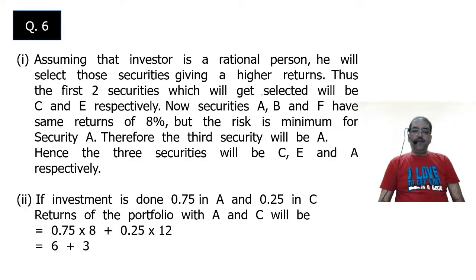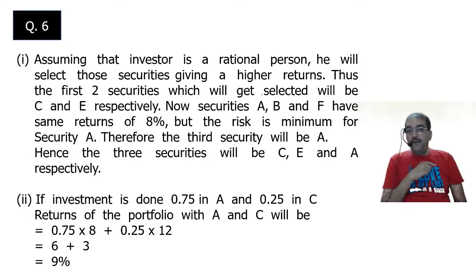So that gives me 6 plus 3, 9%. Look at the returns of E in the problem. Returns of E, 9%. Hence both are having same returns. Portfolio also gives me 9% returns, and this is also giving me 9% returns.